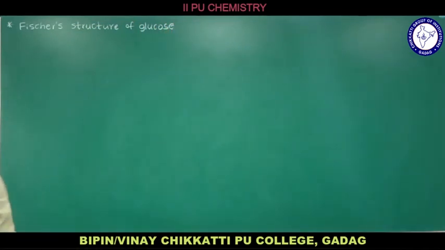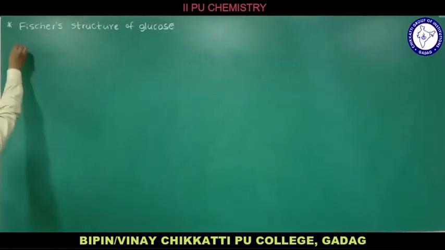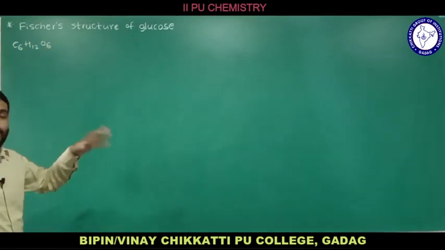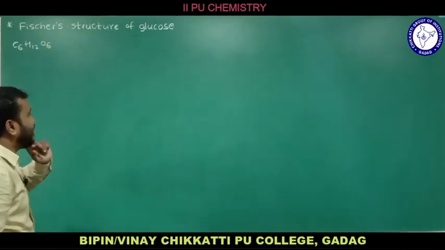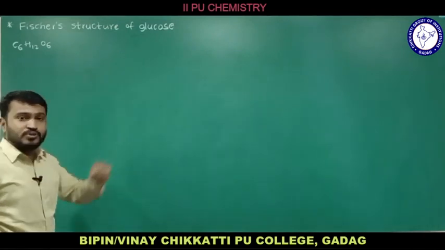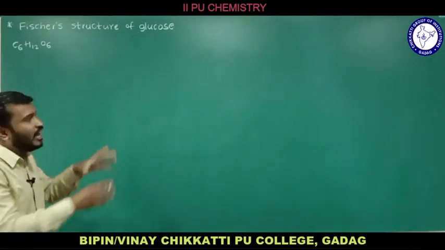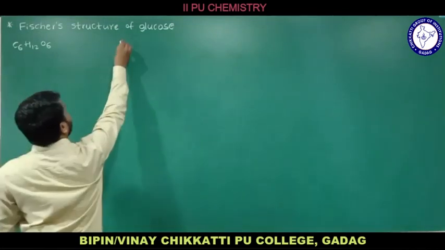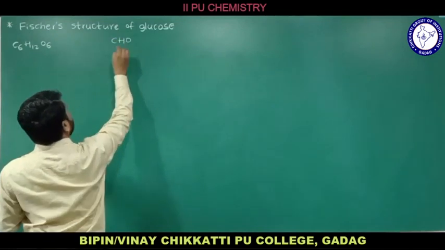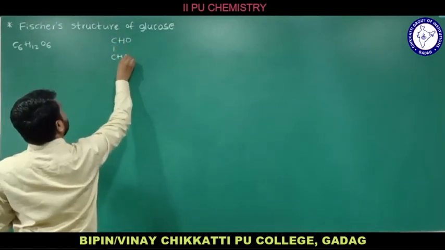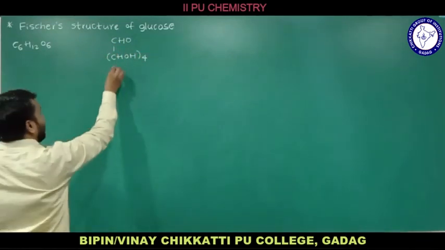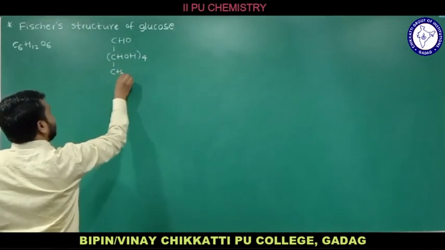So first we will see the molecular formula that we know, C6H12O6, the molecular formula of glucose. While explaining the concepts of elucidating the structure of glucose, I wrote one simplified form of the structure: CHO at the top, in the middle CHOH four times, and below we write CH2OH.